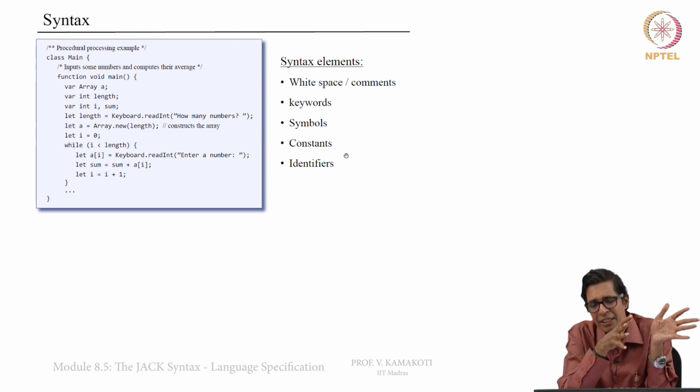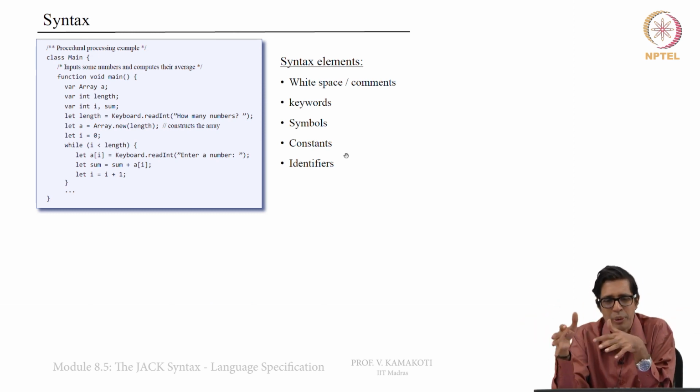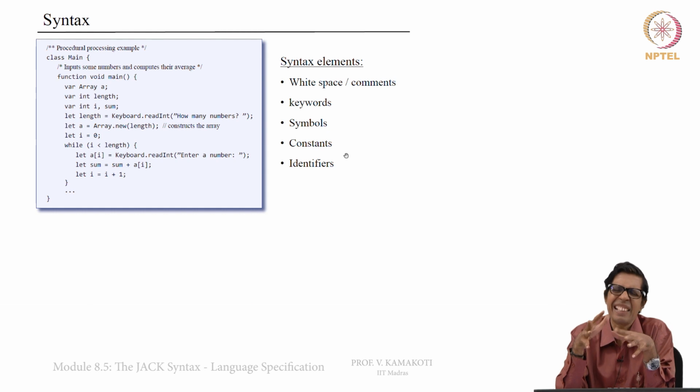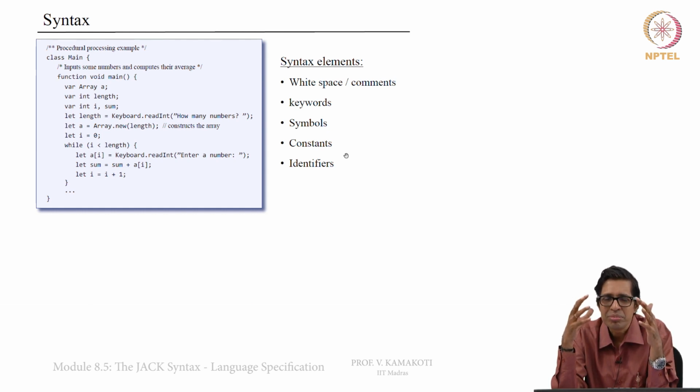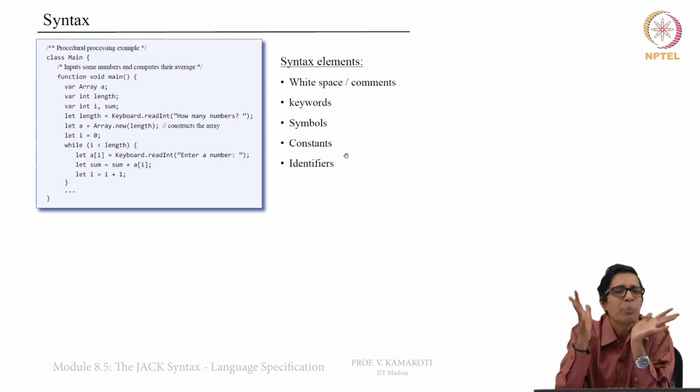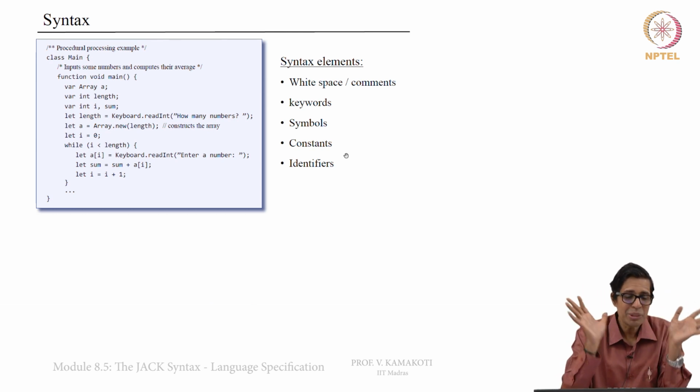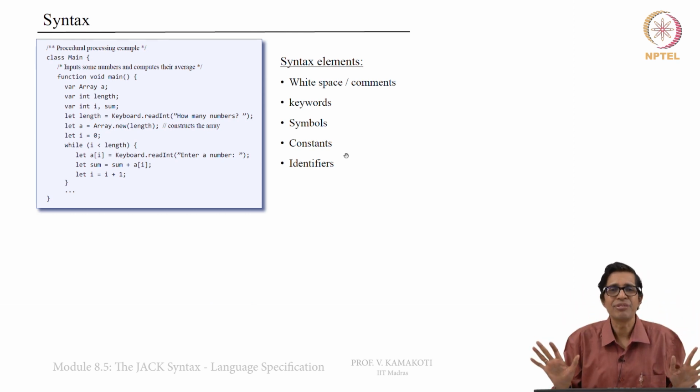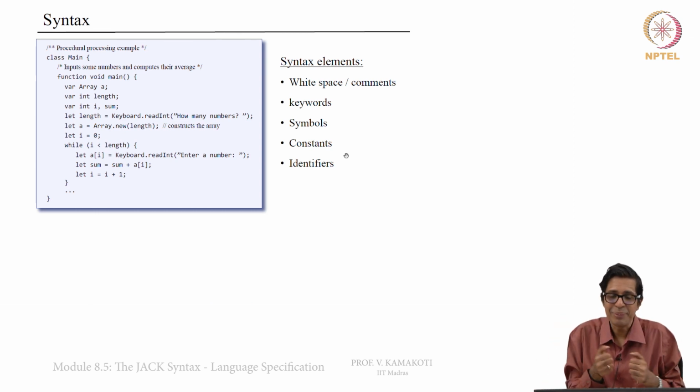These 2 modules, 8.5 and 8.6, are a slightly dry part of the course, but what you need to concentrate on here, and I will try to impress upon you, is the approach to understanding a programming language. Now in this programming language I have only 5 different syntax elements, nothing more. 5 is something very easy for us to comprehend.